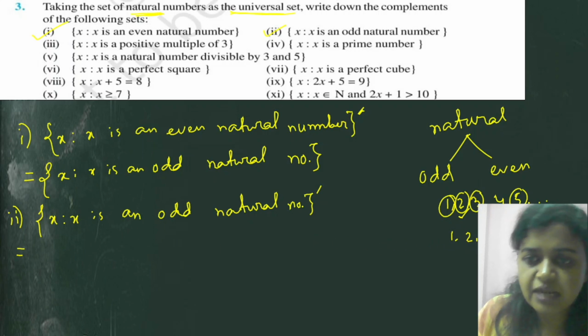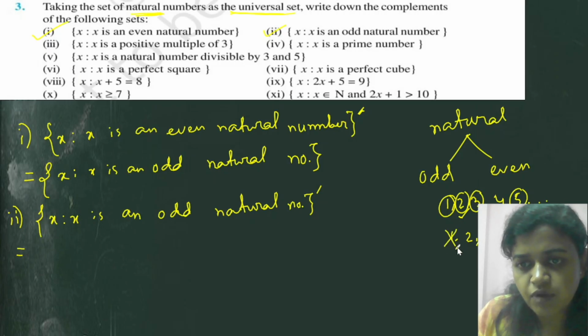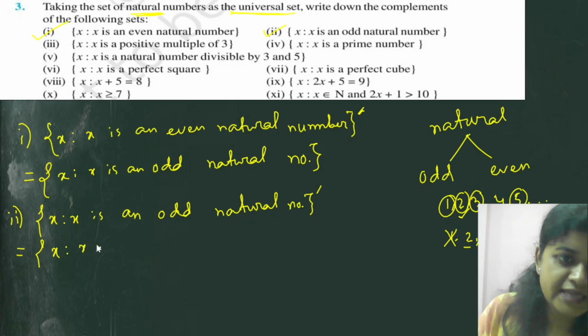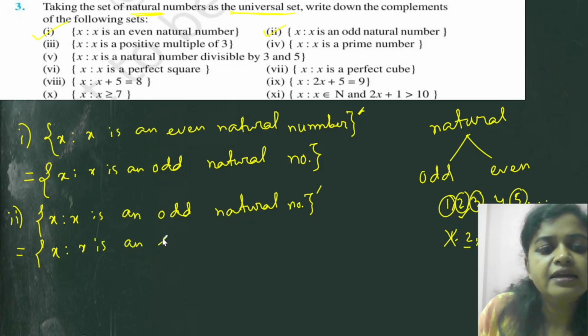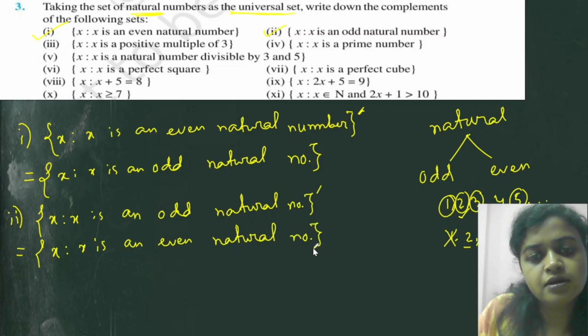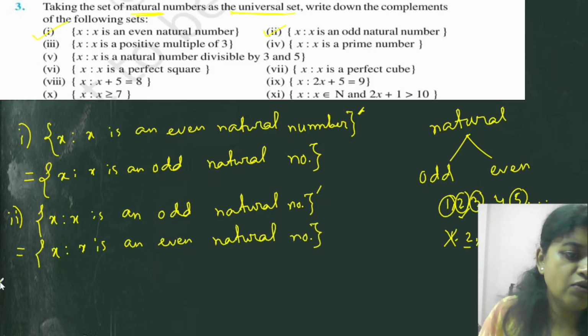Odd natural number means we have to remove these, 1, 3, 5, 7. So we will get the even natural numbers. So we get x such that x is an even natural number. Got it?